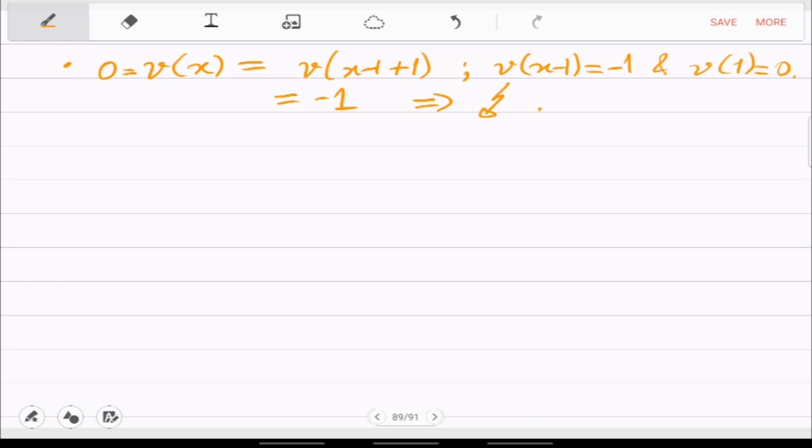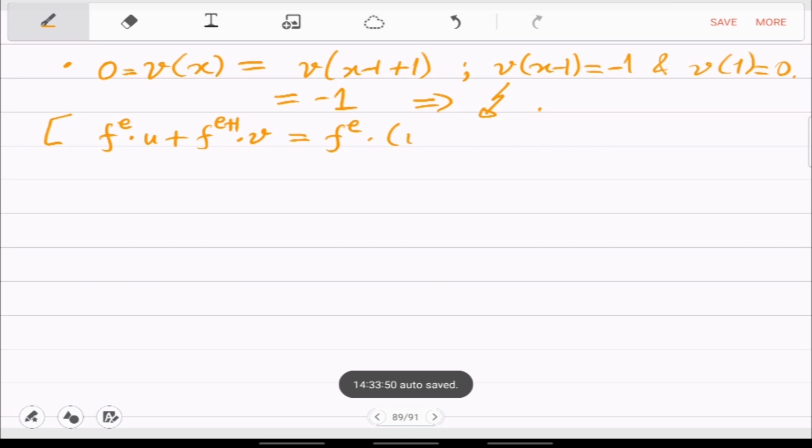No. So think about it like this. If you have a multiple of f to the e and you have a multiple of f to the e plus 1, and u and v are co-prime to f, so the valuation always picks the minimum, right? Because you can take out f to the e.